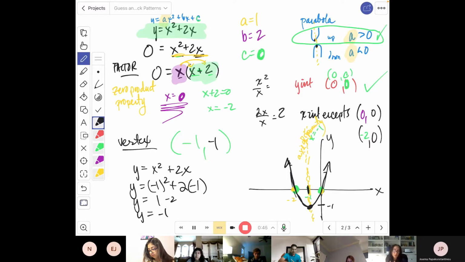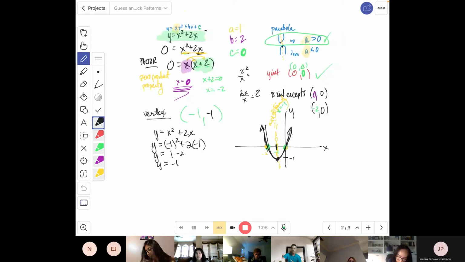But let's say they're fractions or decimal equivalents. We're not going to be able to exactly determine what it is as easily, right? So there's another way that I can find the vertex and plot this point so that I can finish my graph.